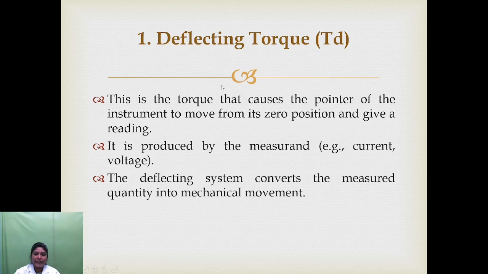That torque is called the deflecting torque. It is produced by the measurement, for example current or voltage, that produces a force. That force will deflect the pointer from zero. So the deflecting system converts the measured quantity into mechanical movement.